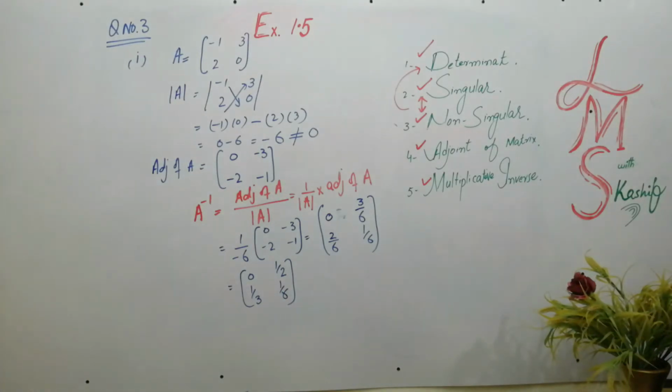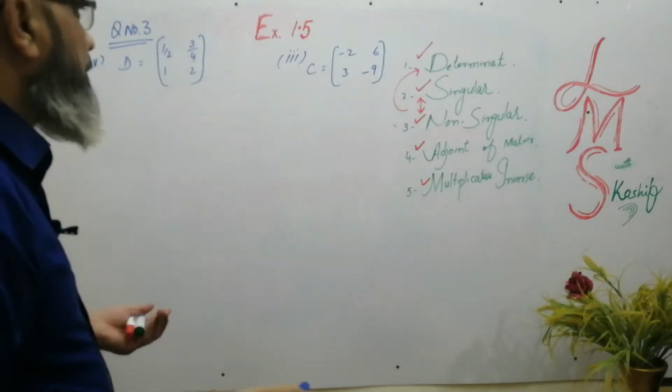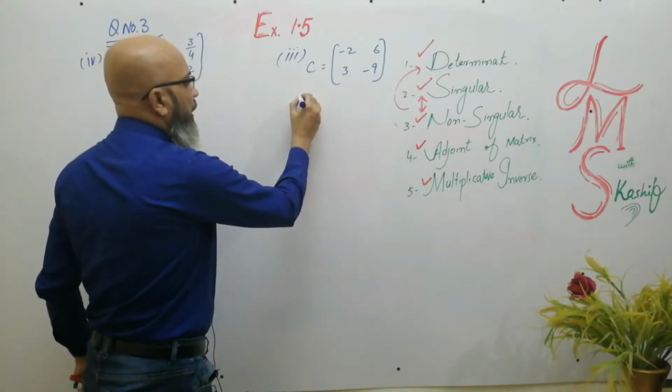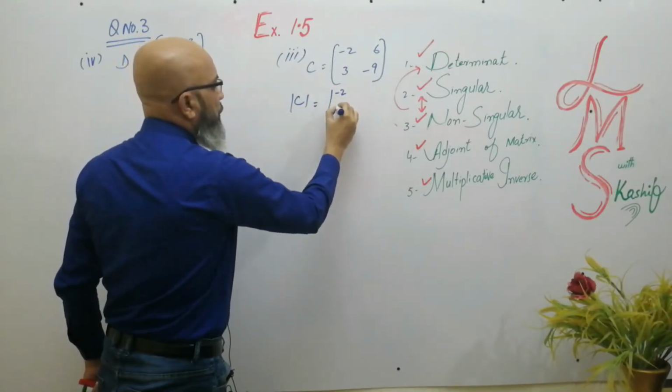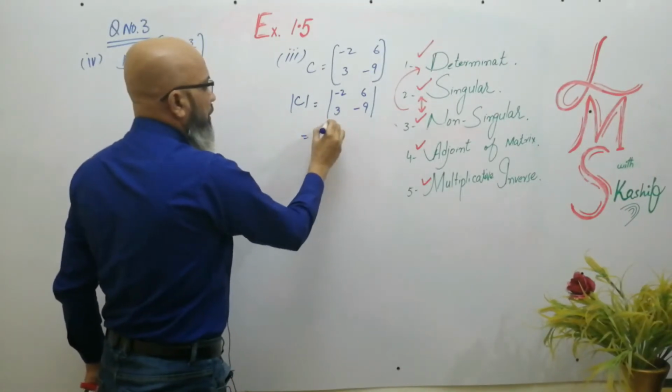So look at another example. I write two more questions from this same question and we have to find the multiplicative inverse. What is the first step? First step is to find the determinant. So just see the determinant: -2, 3, 6 and -9.